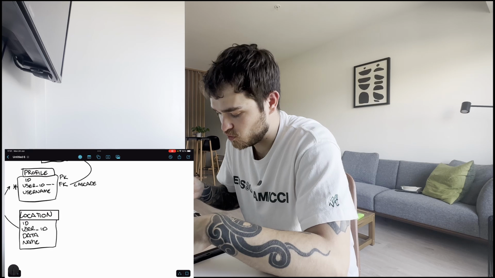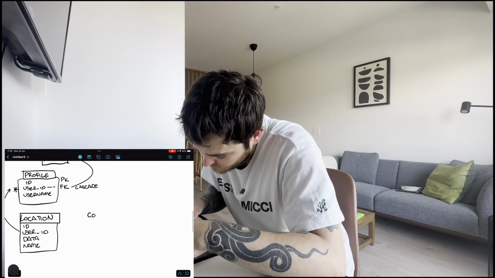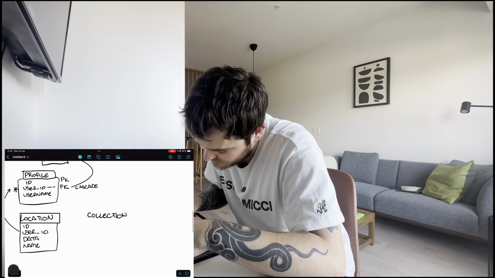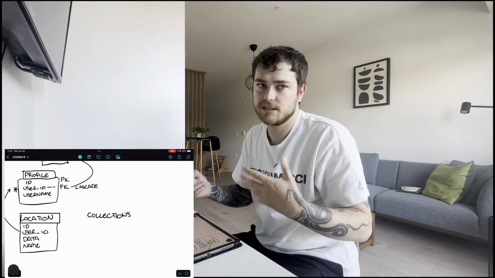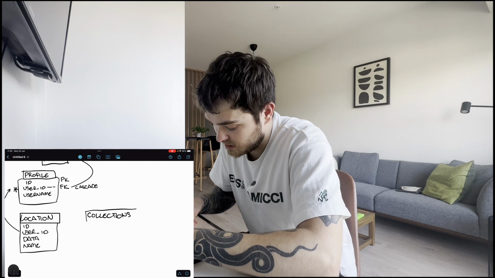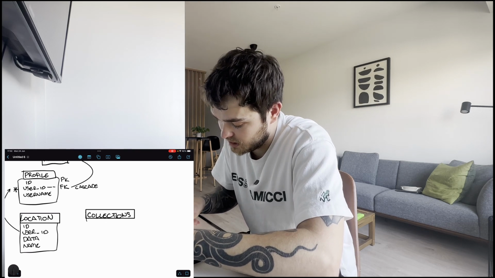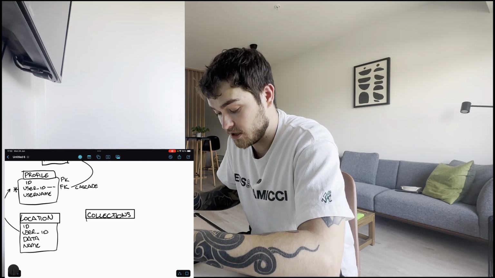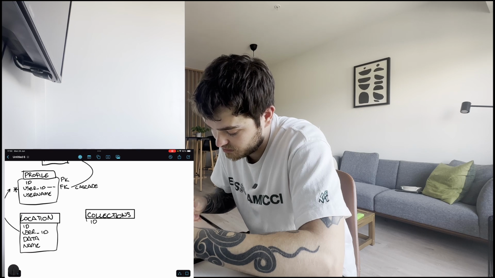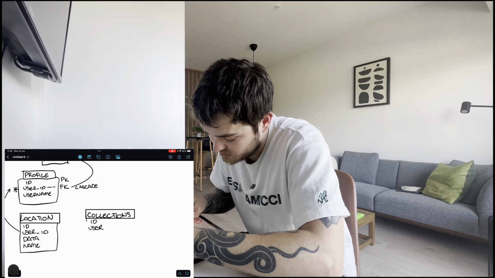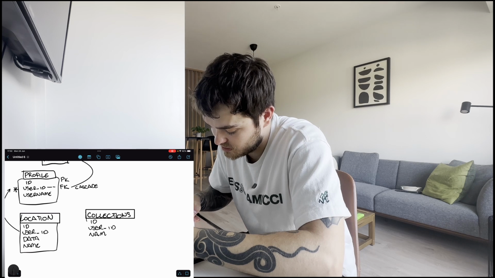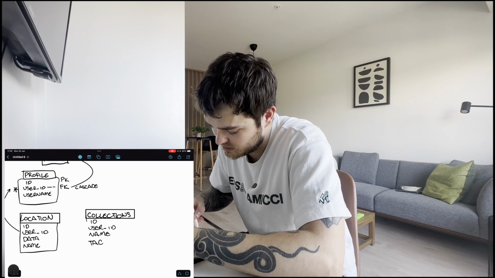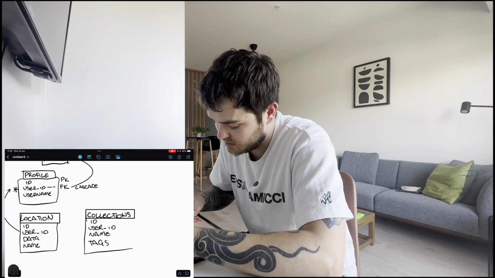And then we're also going to have a collections table, and this collections table will be for saving a group of locations, if it's restaurants or picnics, hiking, things like that. And we are going to have, again, it's probably going to get a bit boring, an ID, a user ID, believe it or not, a name for the collection, and then things like tags.